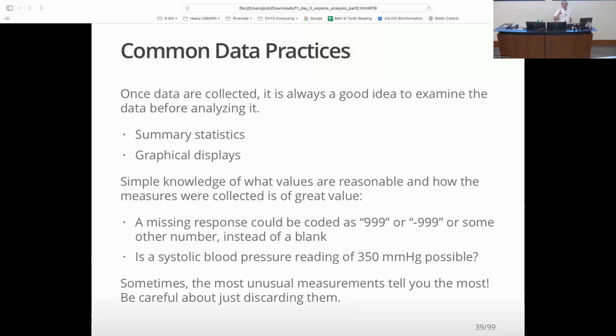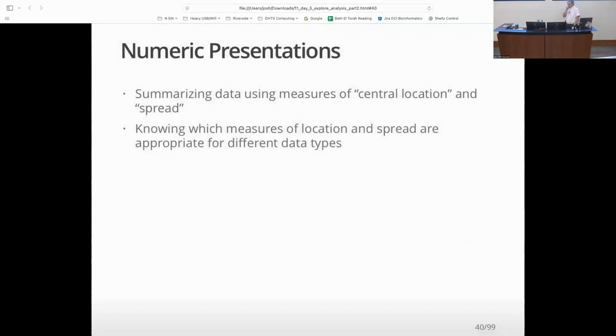But it's important to know what the normal range is and what the possible ranges are, and whether there are special values that are reported for missing data, or data that is out of the range of sensitivity of the instrument. So first we'll talk about numerical representations of the data.